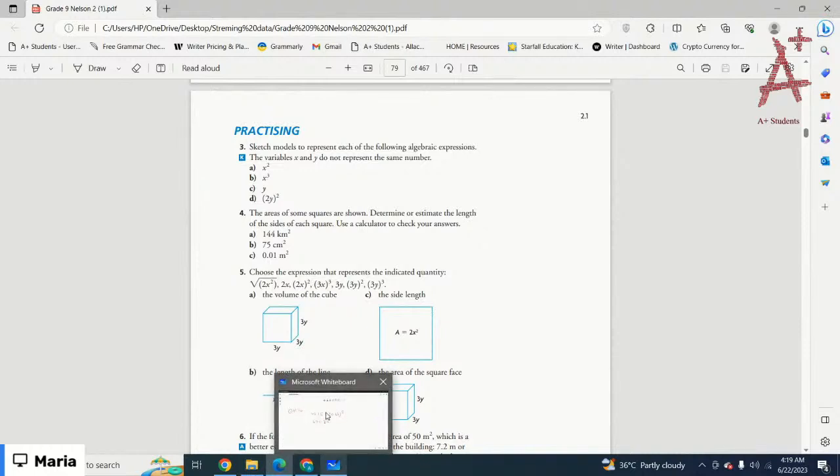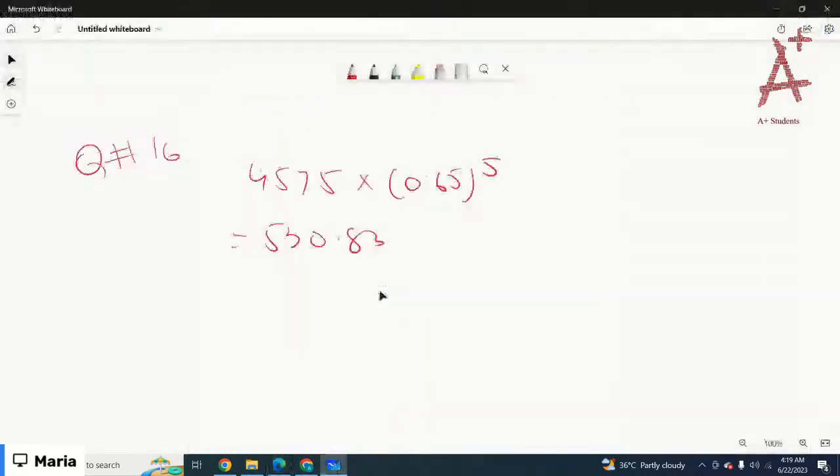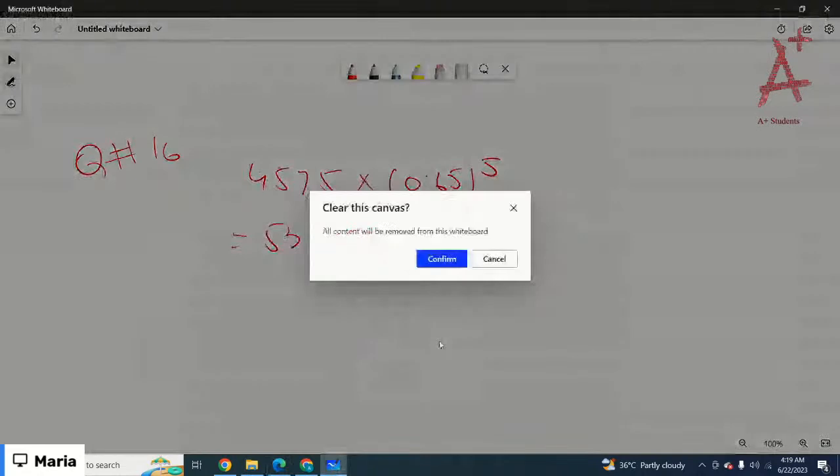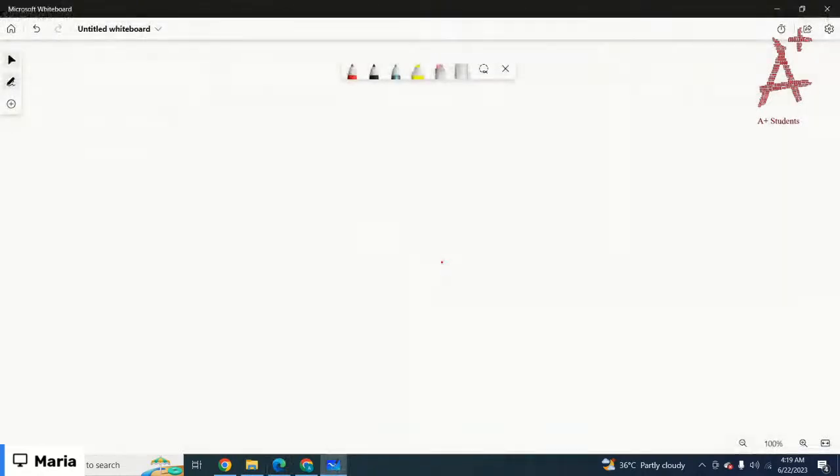So we have to model x square. Question number 3a. It would be x square, so you can represent it like this, x and x.